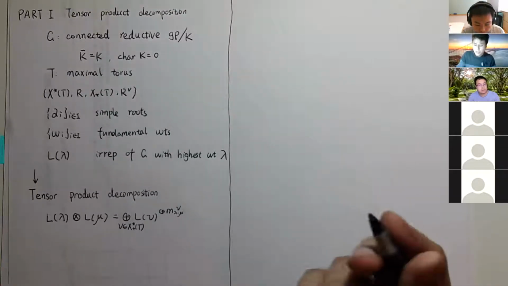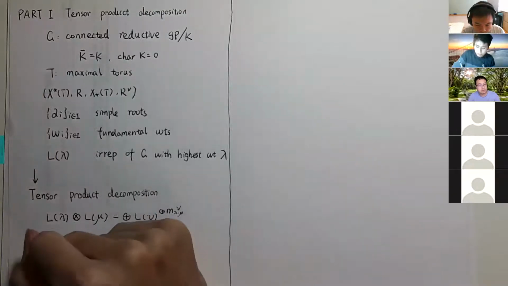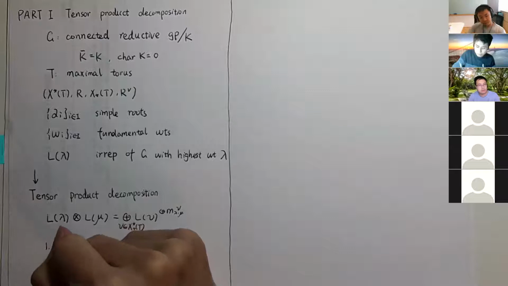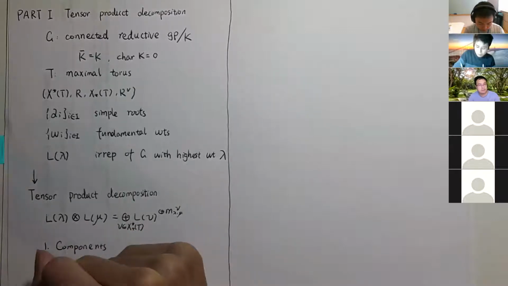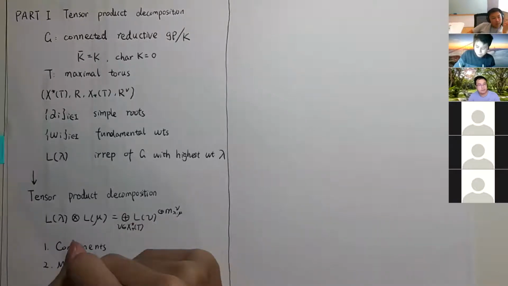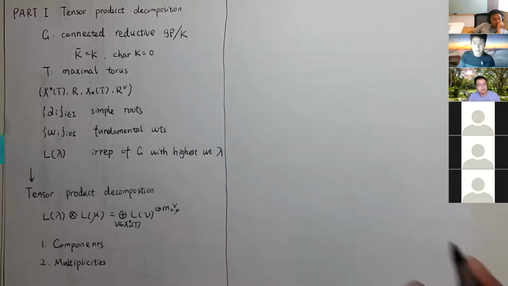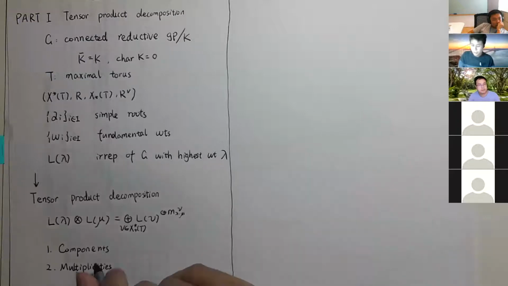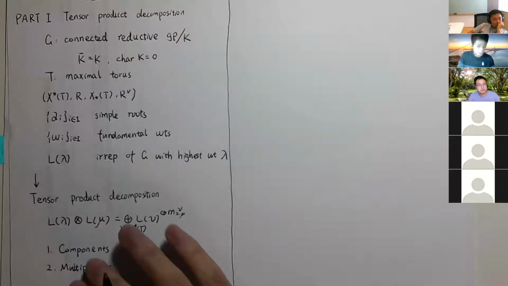There are two major concerns for this tensor product decomposition. The first one is about the components on the right-hand side, and the second one is about the multiplicities on the right-hand side. Actually, the first one is contained in the second one because it's just about those non-zero multiplicities. Both these problems are quite hard, but today we only focus on the components.